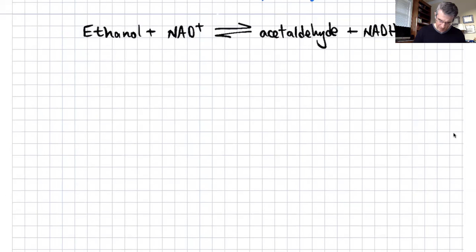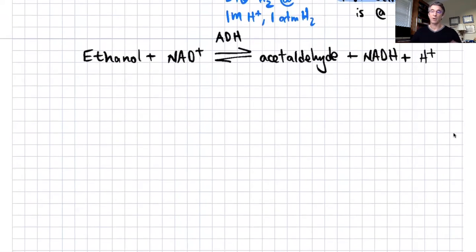Of course, this is the alcohol dehydrogenase reaction, not running in the direction of the fermentation reaction, but now running the way it does in your liver on a Friday or Saturday night, for example, right?